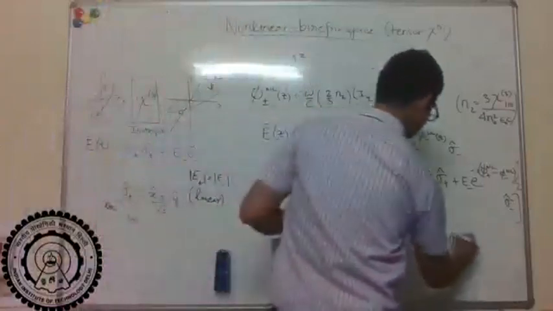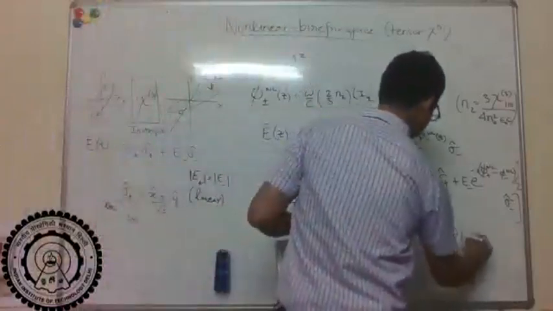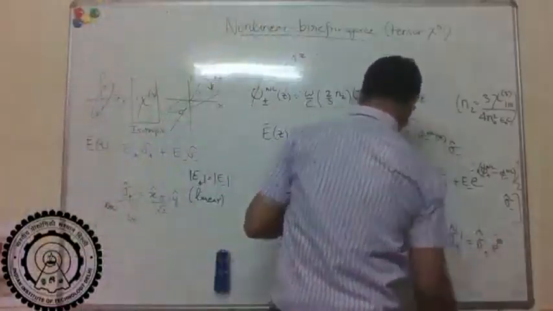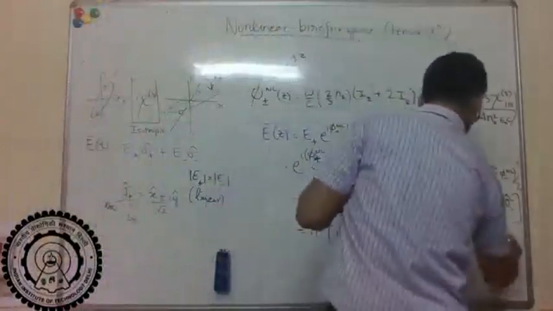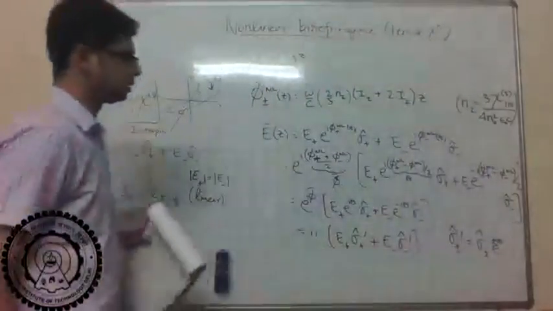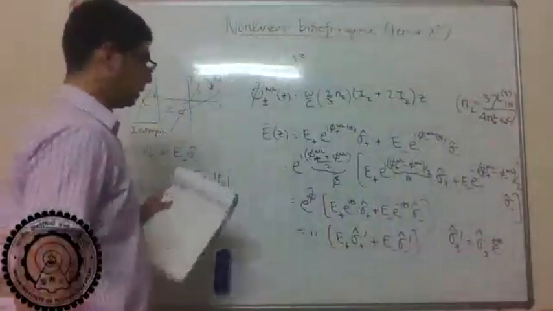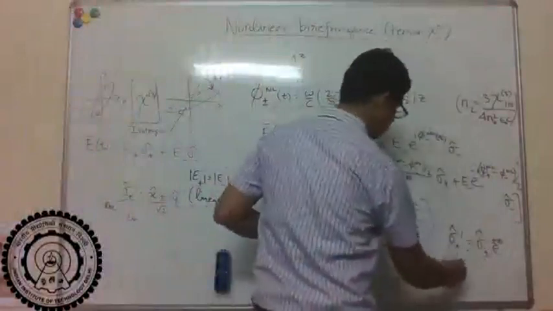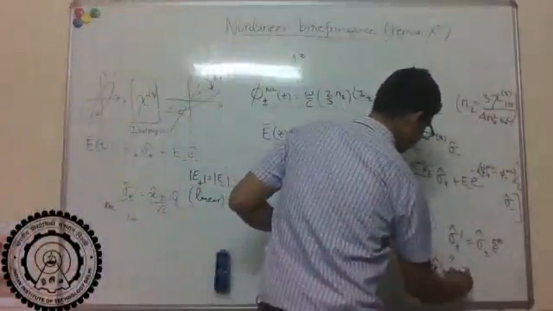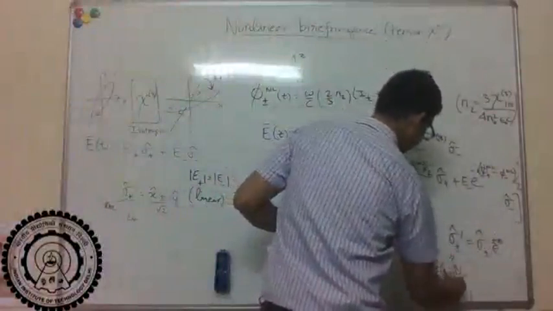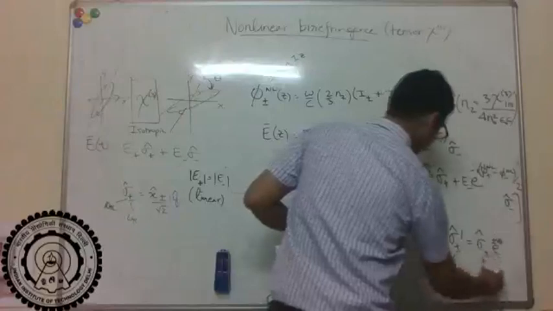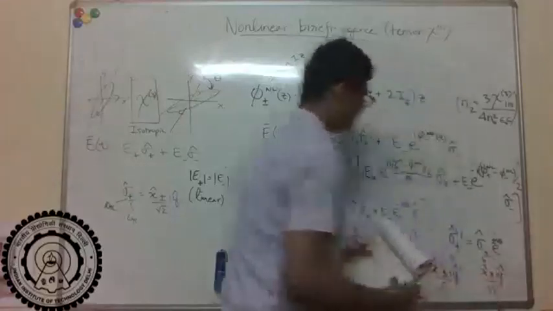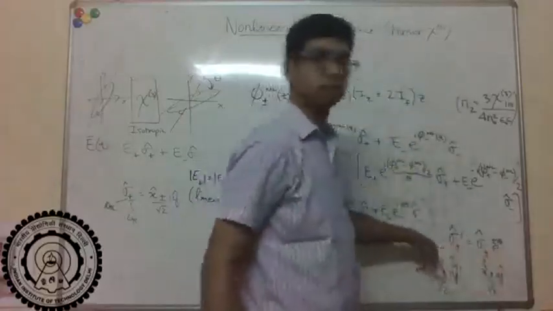Right, so I define the primes as the original circular polarizations multiplied by this phase. And if you want to write this as some new circular polarization in some new axes, x prime plus minus i y prime, where the original ones were x and y, you can relate x prime and y prime to x and y.